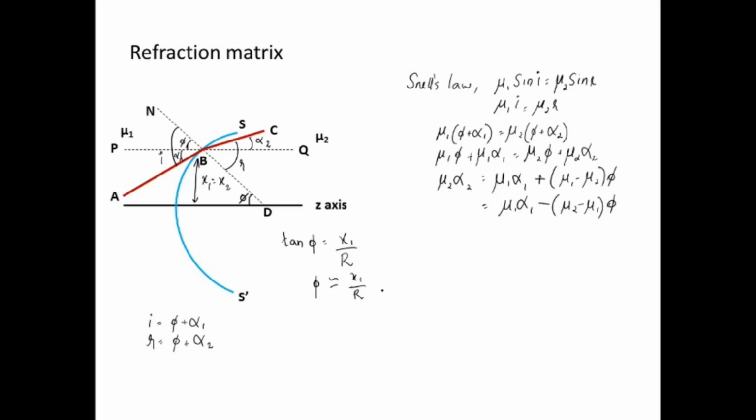Hence, replacing the term for phi, I write mu2 alpha 2 is equal to mu1 alpha 1 minus mu2 minus mu1 into x1 by r.